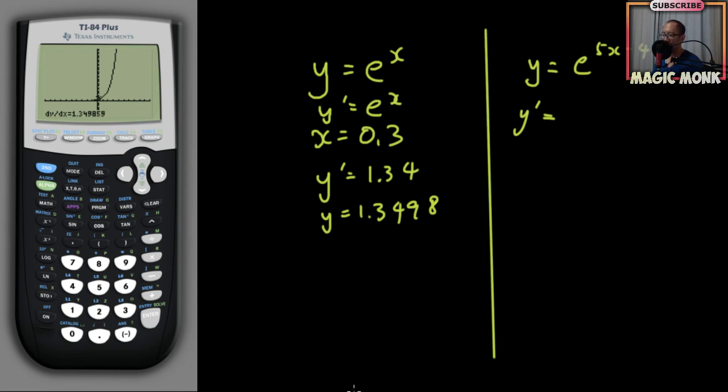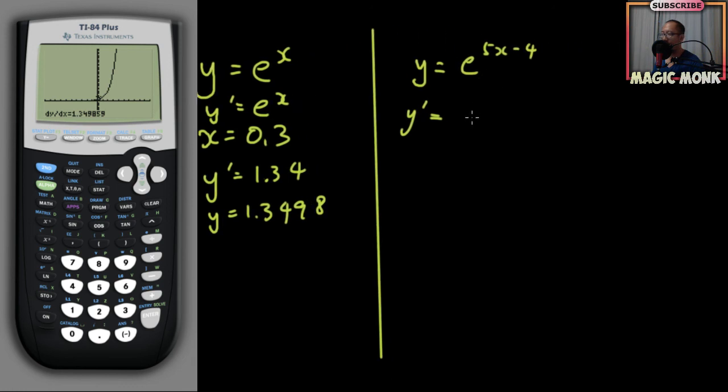So you're going to go e to the power of 5x minus 4, because that's differentiating the outside. And then you multiply by differentiating the inside, which is 5, because if you differentiate 5x minus 4, you'll just get 5. So the answer is 5 times e to the power of 5x minus 4.